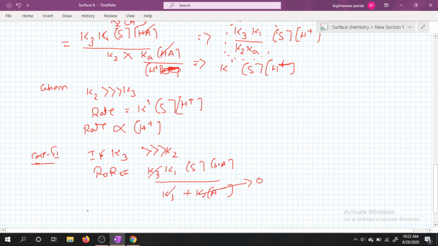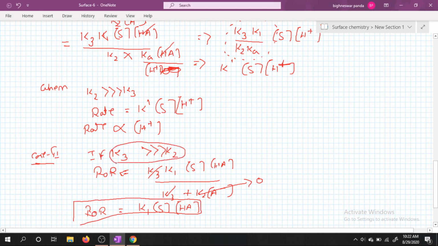K3 cancels out, so the rate of reaction equals K1 S HA. So this is our rate when K3 is greater than K2, and when K2 is greater than K3, this is our rate.